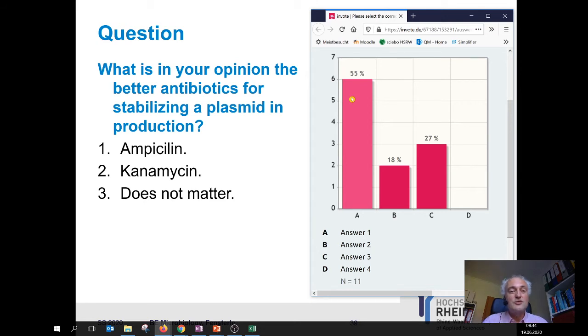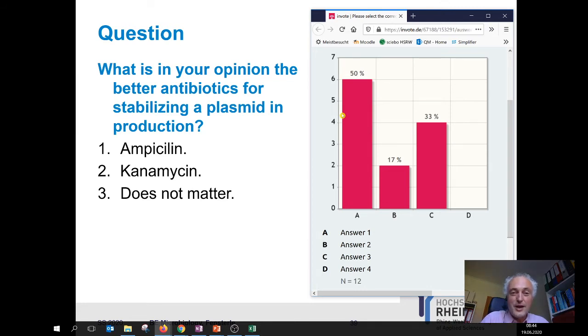And in this case, of course, you have to know what is going on there. So how can you decide it? If you have the feeling, well, it's ampicillin or so, you need to tell me why.